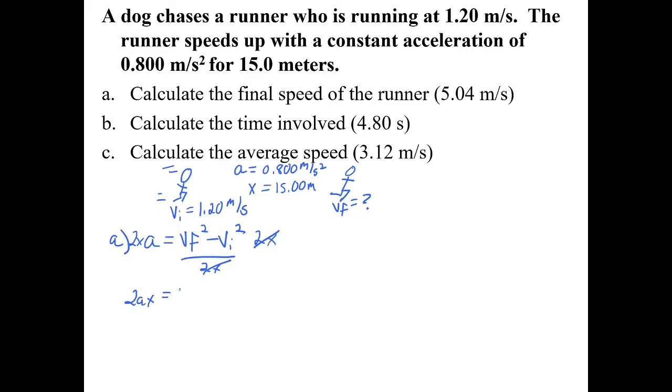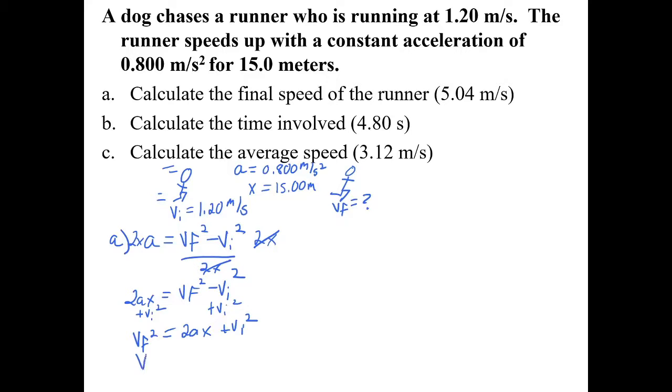Whenever we can get rid of a fraction, that's often a good day. All right. Now we want the V final, so let's add V initial squared to both sides, just like we would do in an algebra problem. So V final squared is 2ax plus V initial squared. And I wouldn't do the square root just yet. I think we'll be all right if we substitute and then take a square root at the end.